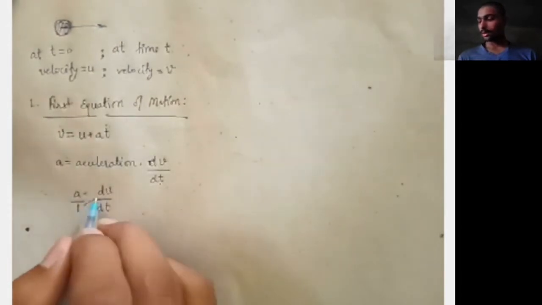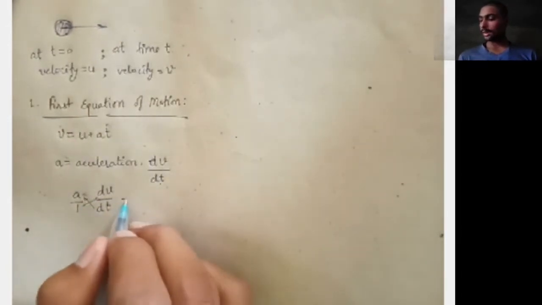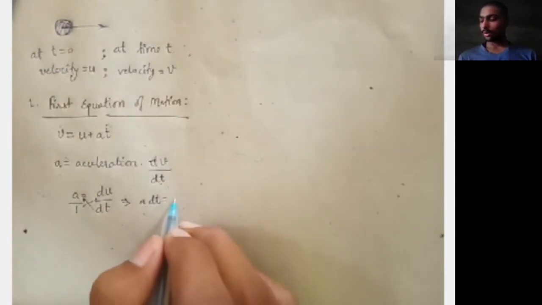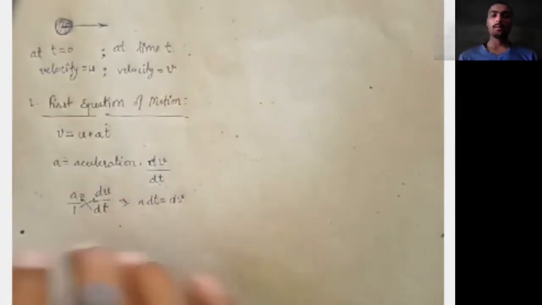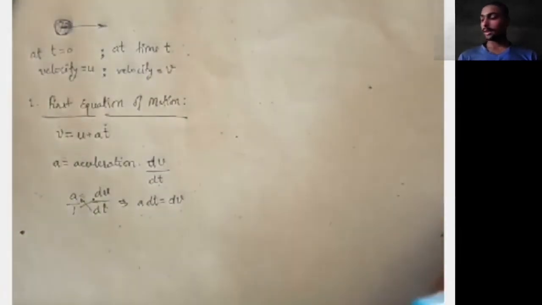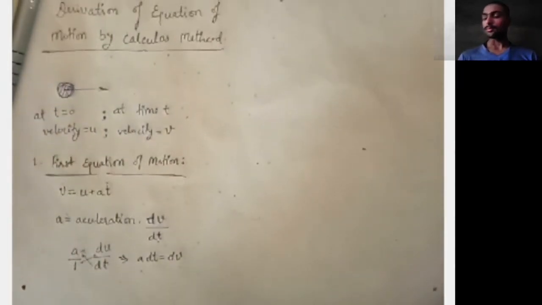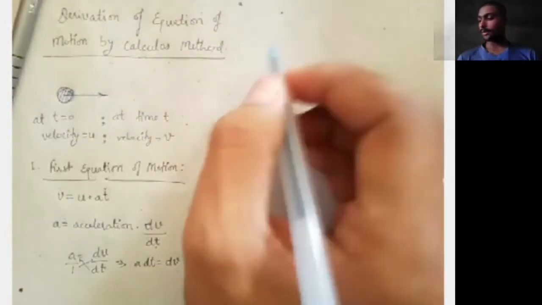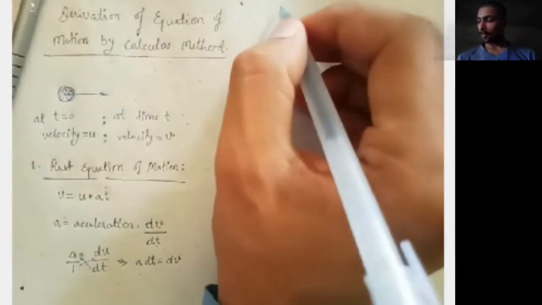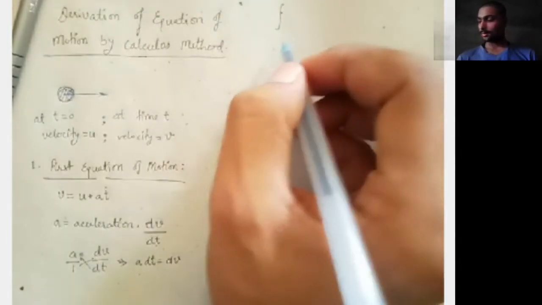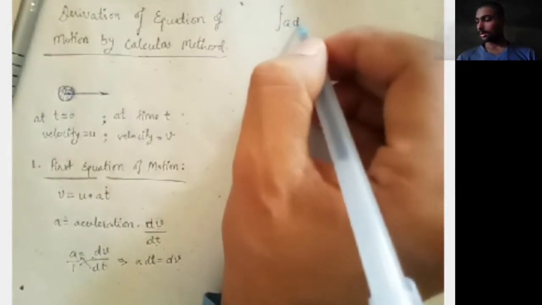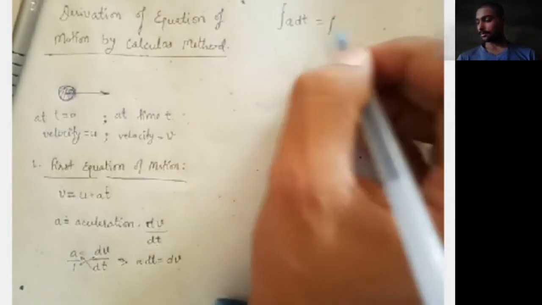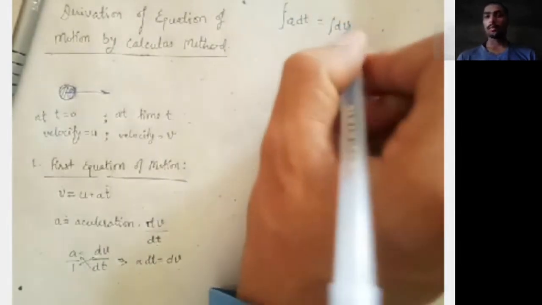Now we are going to transfer here. Here is 1. Just cross multiply and we will get a dt equal to dv. Now let's integrate both the sides. After integration we will find this equation: integral of a dt equals integral of dv.